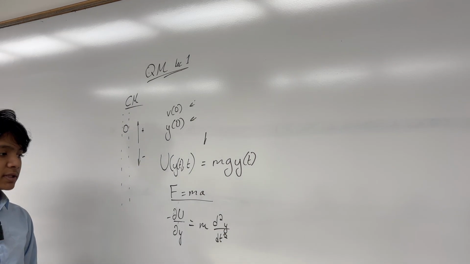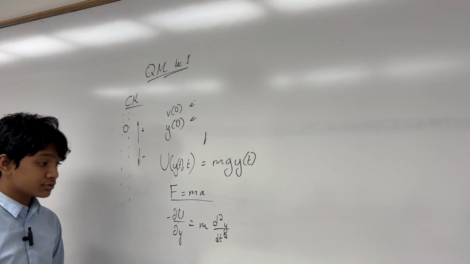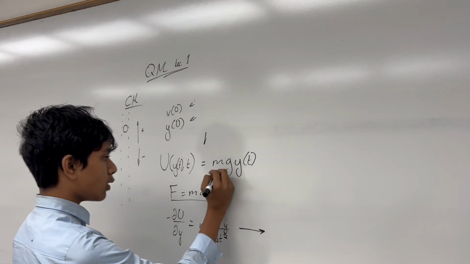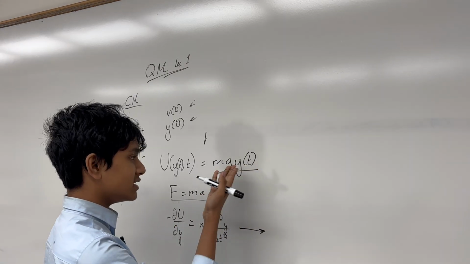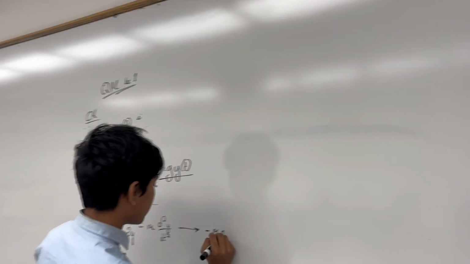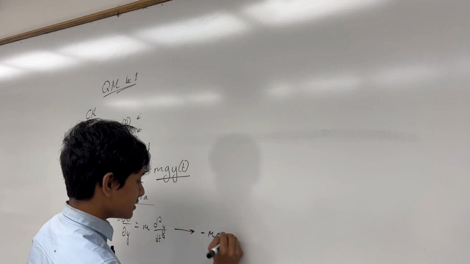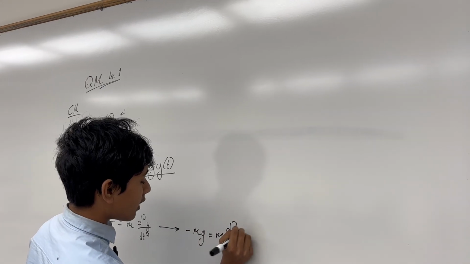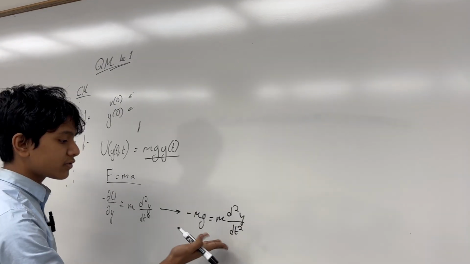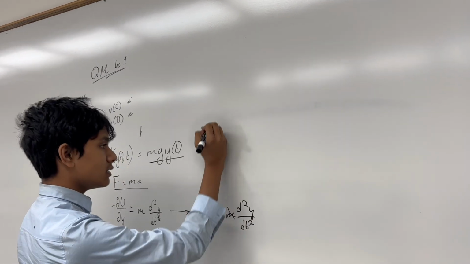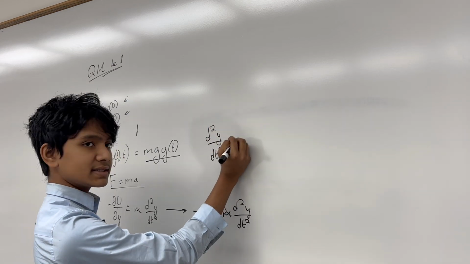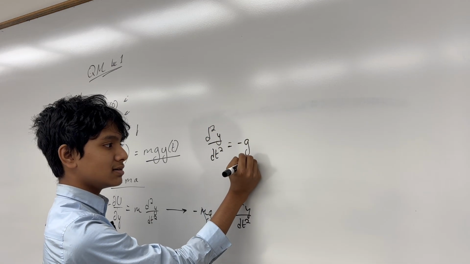So now, what happens if we plug in this situation? Well, we get minus partial U partial y. What is U? mgy. So minus partial U partial y is just going to be minus mg, and that's equal to m d squared y dt squared. So it's actually not all that hard to solve for this in our case. We just get that d squared y dt squared, the acceleration, is equal to negative g.